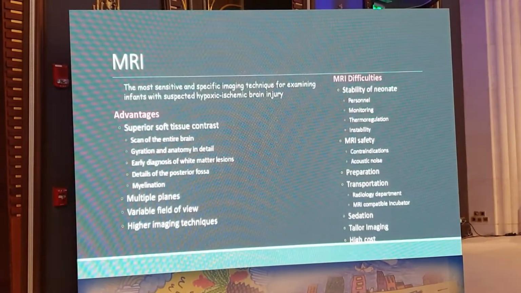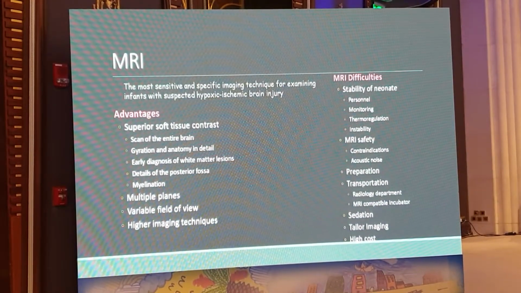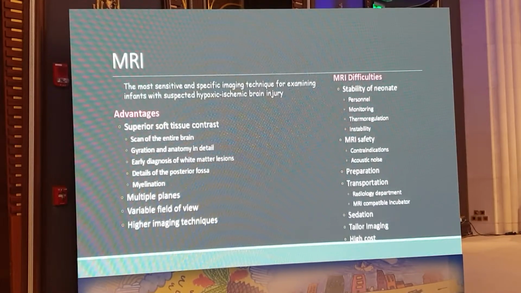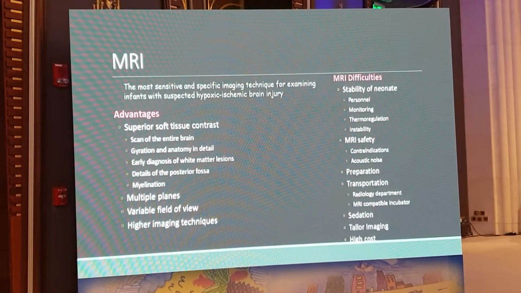It helps in early diagnosis of parenchymal insult. We can see details of the posterior fossa. You can also see different planes, variable field of view, and advanced imaging techniques such as MR spectroscopy, diffusion, ASL, and others. The difficulty of MRI is that the newborn needs to be stable.